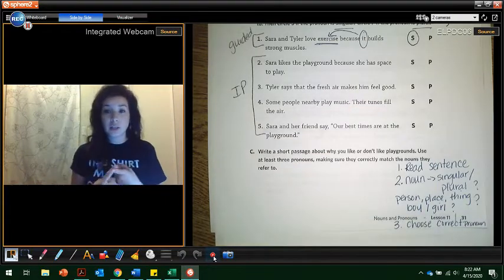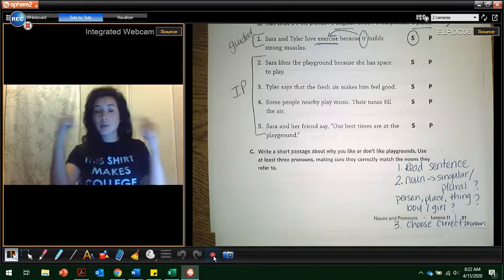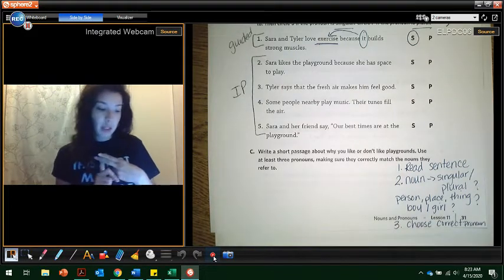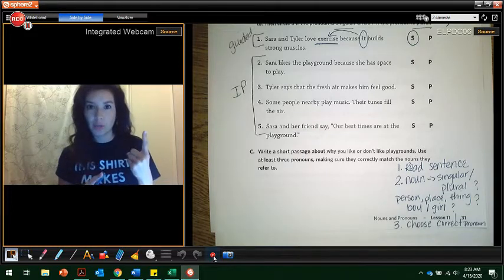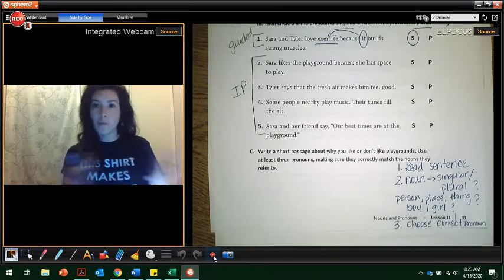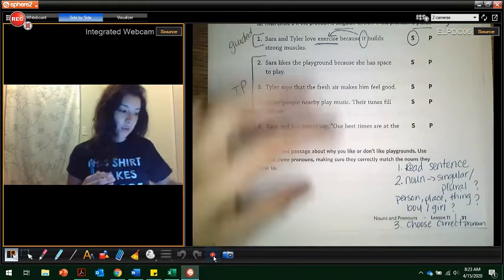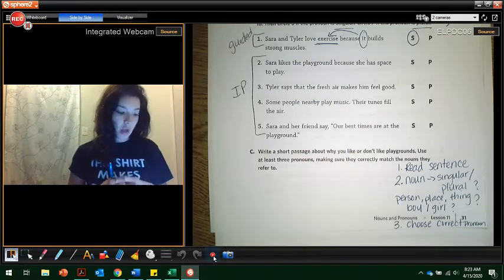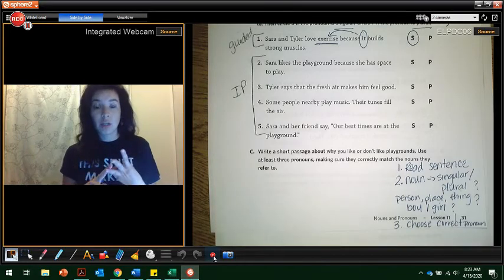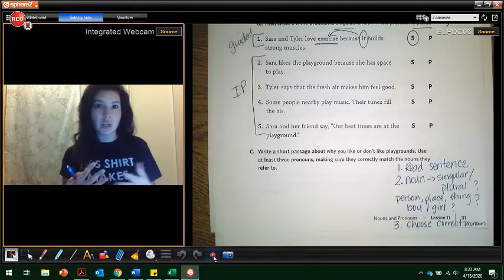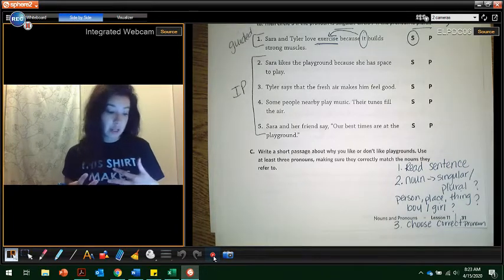You want to read the sentence, start getting some thinking, some context clues going. Then you want to look at the noun you're replacing. Okay, is it singular or plural? That's important, because we can't use pronouns for both of those. We have to use singular pronouns or plural pronouns, right? Like we were checking here. Then you want to check, okay, is it person, place, or thing? Because if it's a person, I'm not going to use it. If it's a thing, I'm not going to use he or she or her or him.